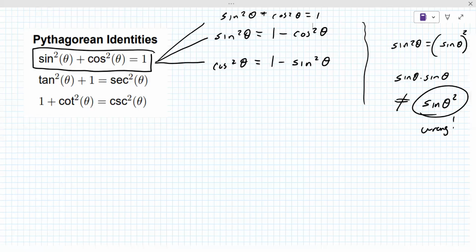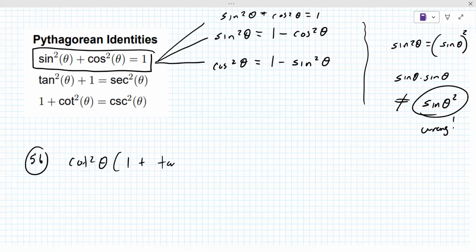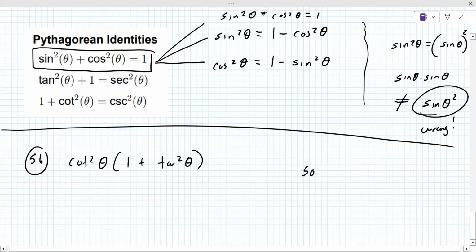I work on these. So problems would help. We'll look at 56, I think, yeah. Cotangent squared theta times 1 plus tangent squared theta. So whenever you see something squared, your antennas have to say, oh, it's probably a Pythagorean identity.